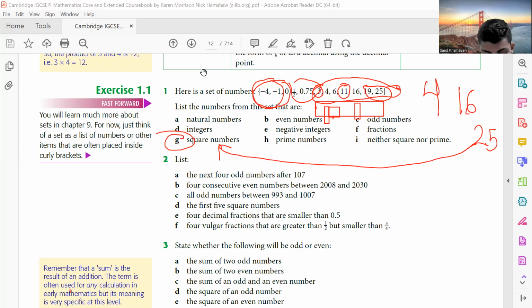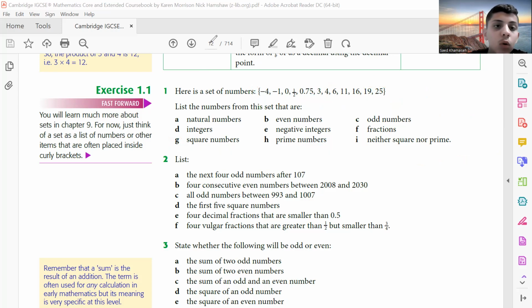Now, when I talk about a prime number, I talk about 3. Now, a prime number can be odd. 25 is another number, with factors 1, 5, 25. It's easy. Neither square nor prime. You want to know the answer?